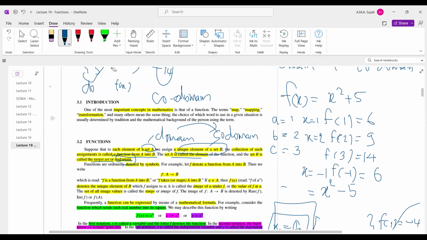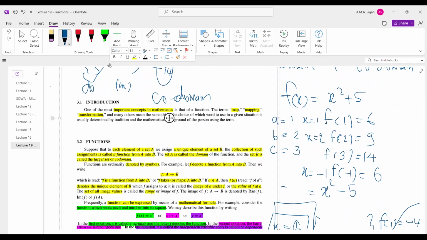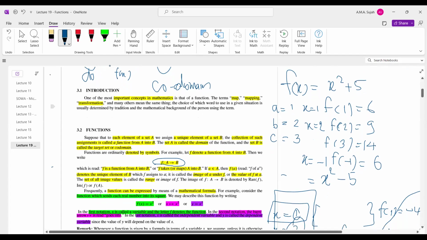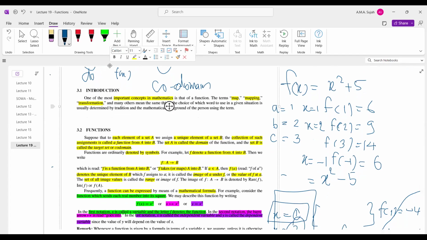Whatever we do not say in sentence form, I directly put in a symbol. If you look at this symbol, you can understand I am telling you it is a function. So we can say f is a function from A into B. Maybe we can read it this way: f takes or f maps A into B. We can read this in different ways, right?